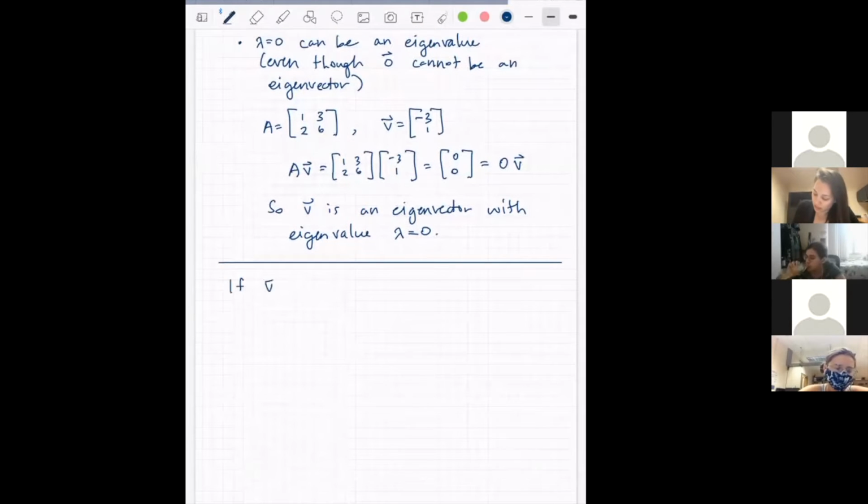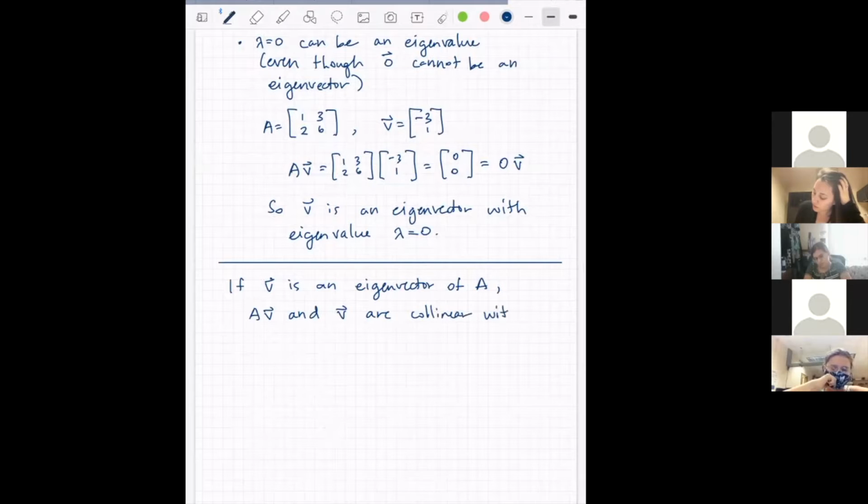If v is an eigenvector of A, what that means graphically is that A times v and v are collinear with the origin.